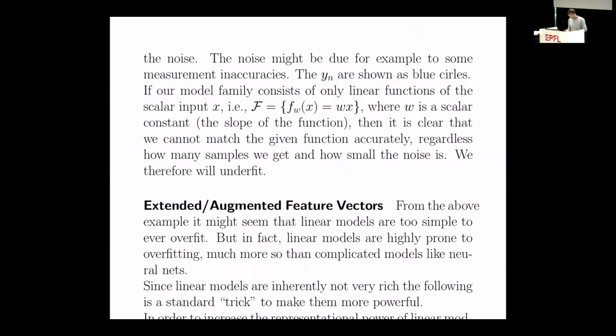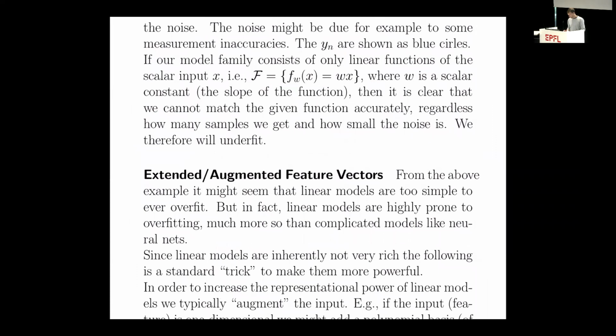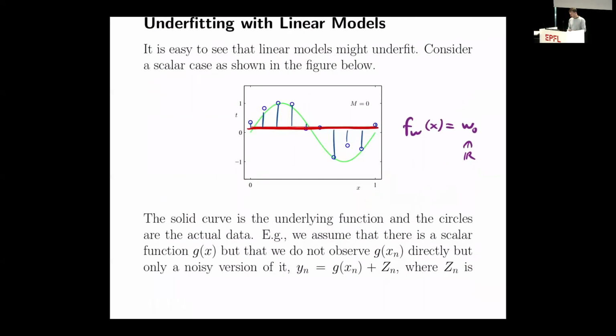To do this, this is just one-dimensional data, right? The x is a number. Maybe I should have said that. The data is one number, and so is the model.